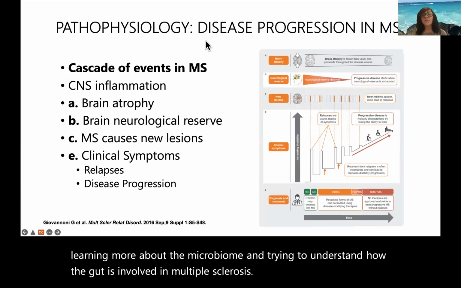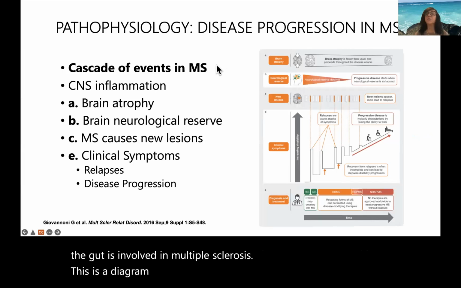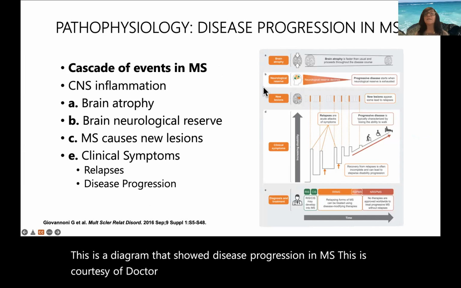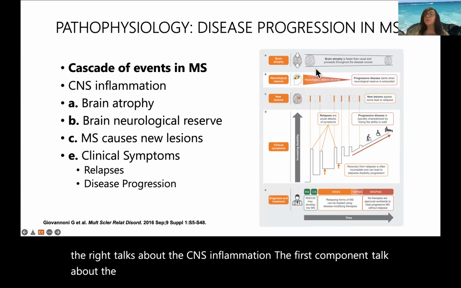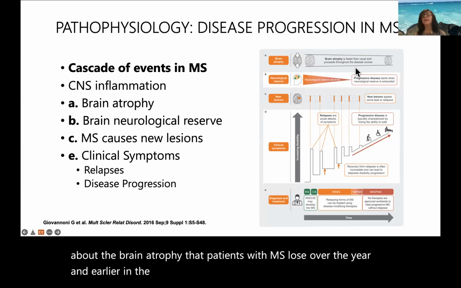This is a diagram that shows disease progression in MS. This is courtesy of Dr. Giovanni. And you can see that the diagram on the right talks about the CNS inflammation. The first compartment talks about the brain atrophy that patients with MS lose over the years. And earlier in the disease, you lose brain volume much more, about triple, than healthy controls.